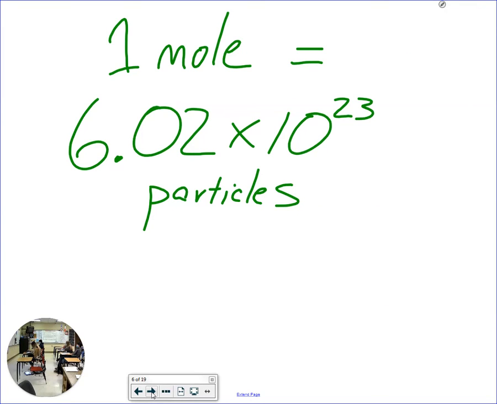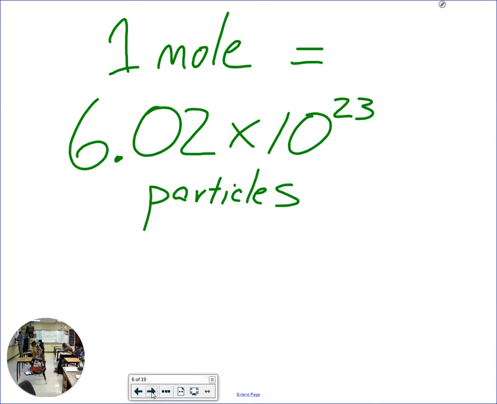Now, remember when we talk about 1 mole, 1 mole is 6.02 times 10 to the 23rd. And that's whether you're talking about a mole of atoms, a mole of chicken wings, a mole of bananas, a mole of whatever. It's just a number.